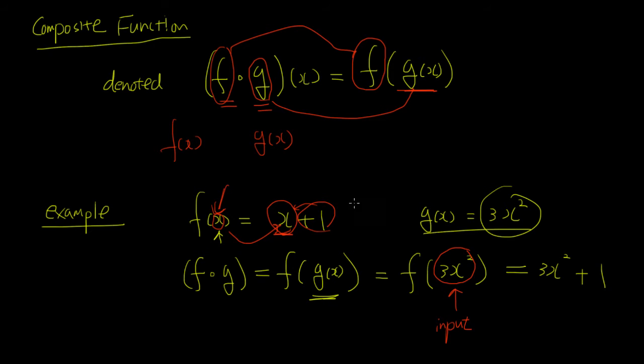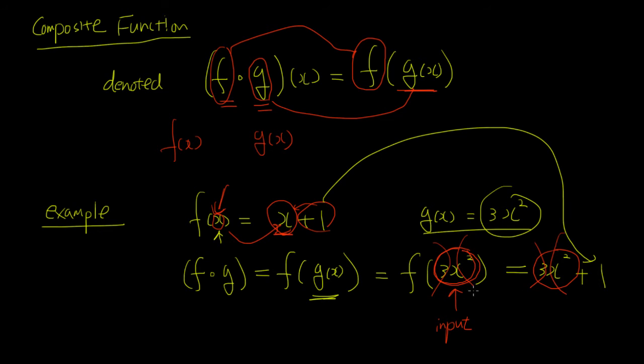See, that plus 1 is this plus 1 right there, right? That red circle, this one and this one, used to be x. F of x equals x plus 1. Now we are replacing that x by 3x to the square. Why? Because that's what we want to figure out, right? F composite g. F of g of x. What's g of x? G of x is 3x to the square.